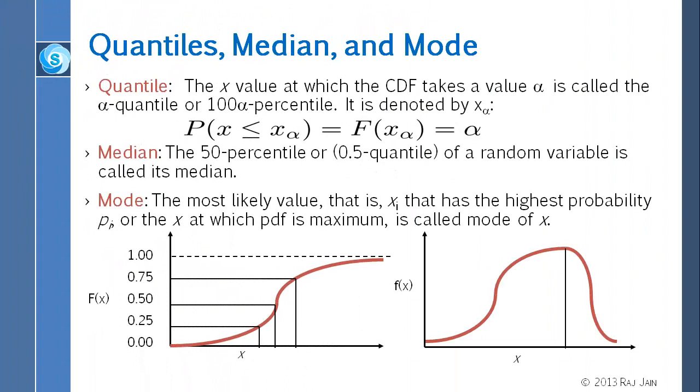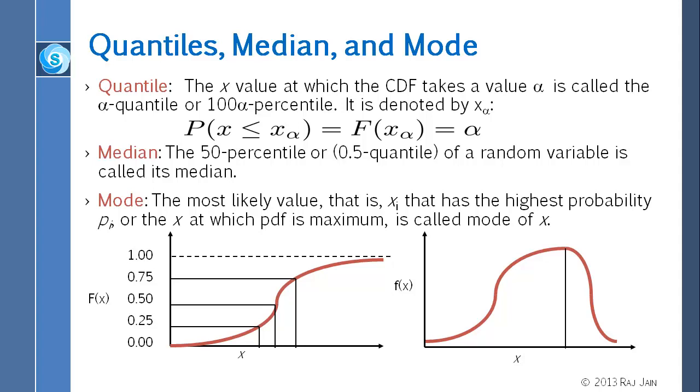Then we move on to the next concept called quantiles. The quantile is like a percentile. You all have heard of percentile. The real statistical term is quantile. The quantile is measured between 0 and 1. So when we say 0.9 quantile, we mean 90th percentile.